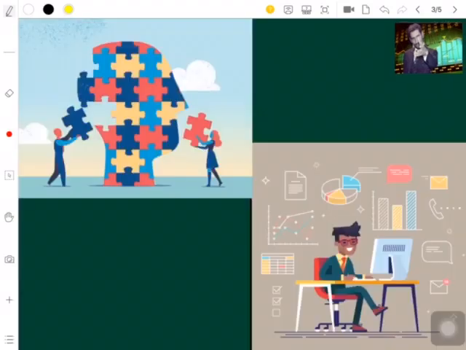He will do it like the above figure in the left hand side corner, which I am indicating with a white arrow. When we put different pieces of information together, we are able to solve a puzzle. That means we are able to give an answer to any of the problems.